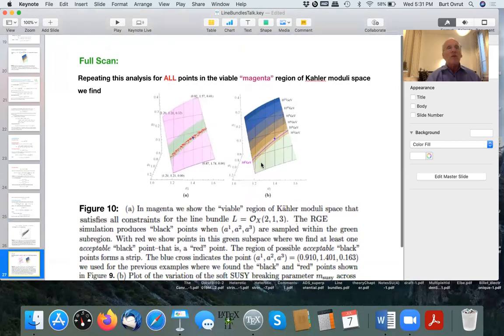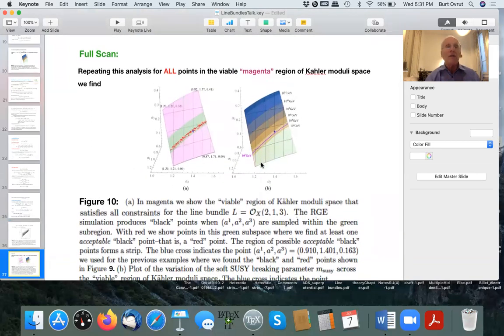So as the final slide here, I'll give the full scan. Here's the magenta region again. In this green region, we always find points at any point that we choose here. And we do these statistical throws, we'll always find lots and lots of black points. However, we don't find any red points anywhere except in this particular strip. In this particular strip, we find that we get acceptable black points.